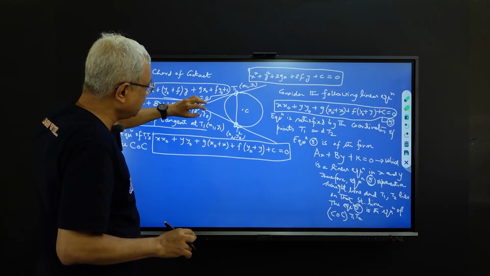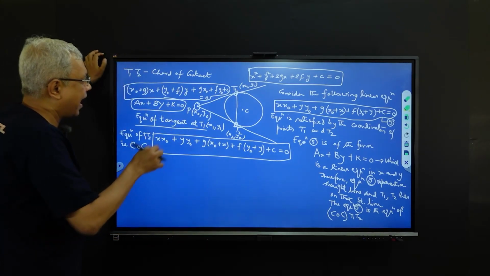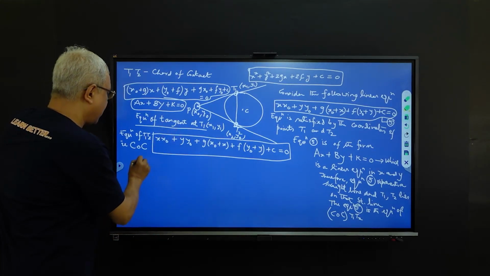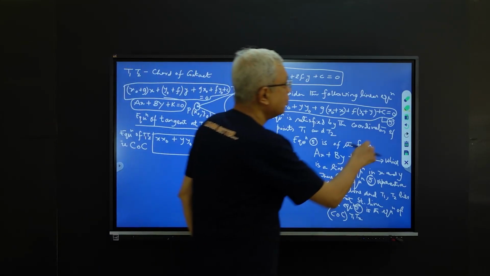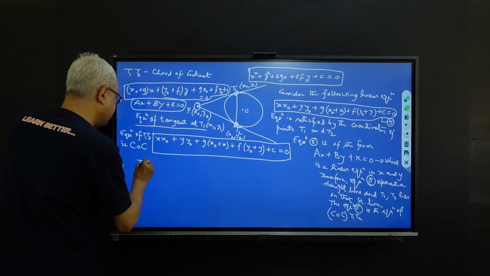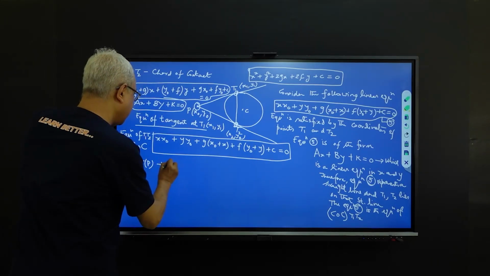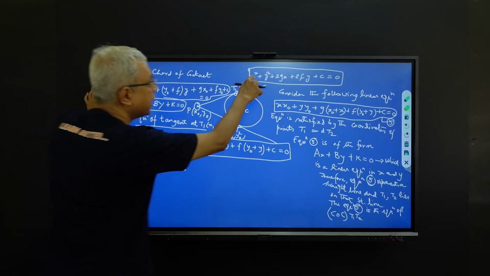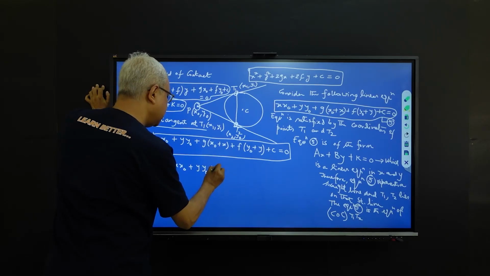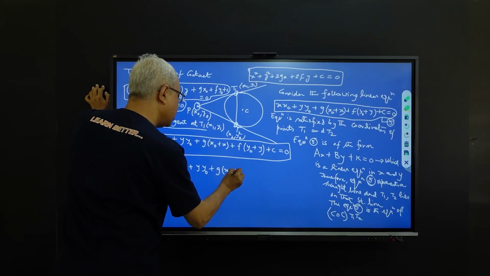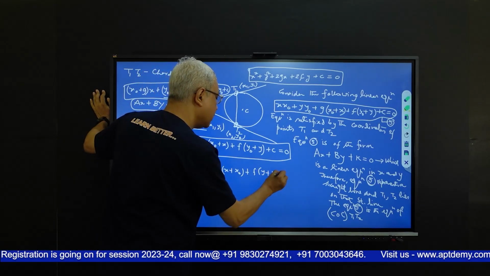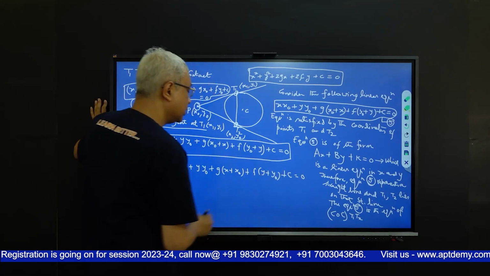We know it is not lying on the circle, but had it lied on the circle itself, then the equation of the tangent at P for the circle, T_P, could be written like x0 plus y0 plus g x plus x0 plus f y plus y0 plus c equal to 0.